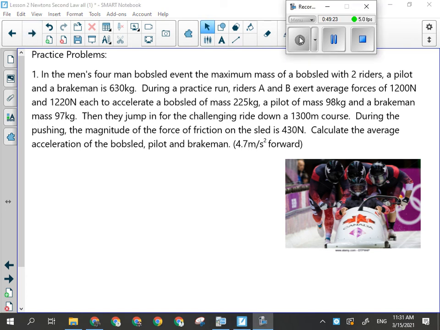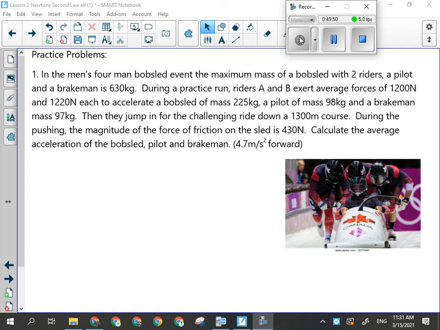All right, so the big thing here, in the men's 4-man bobsled, the maximum mass of the bobsled, 2 riders and a pilot and a brakeman is 630 kilograms. Cool. Don't need it. Okay, during the pushing, only 2 of them are in there. Okay, 2 of the guys are pushing. Okay, the pilot and the brakeman are already in the sled in this question, not all of them.